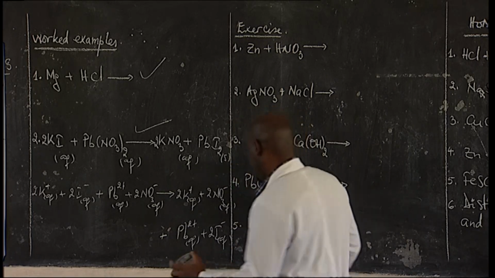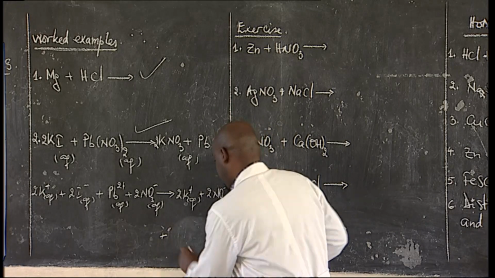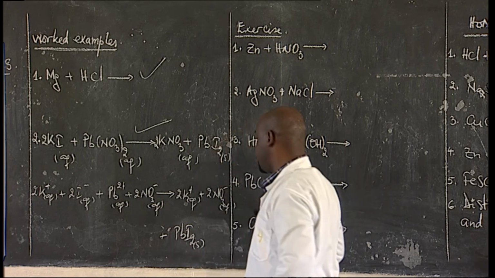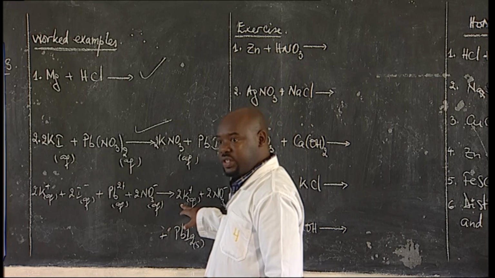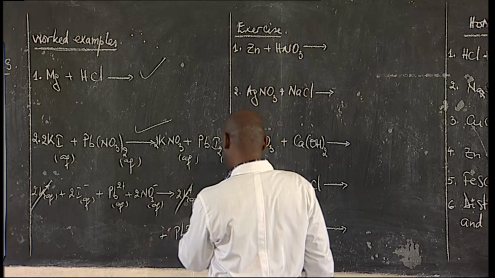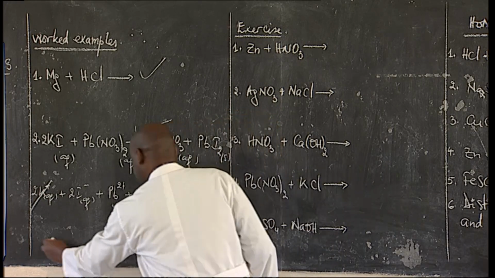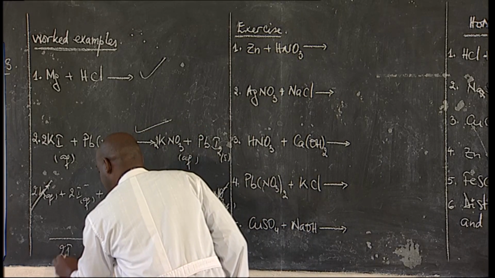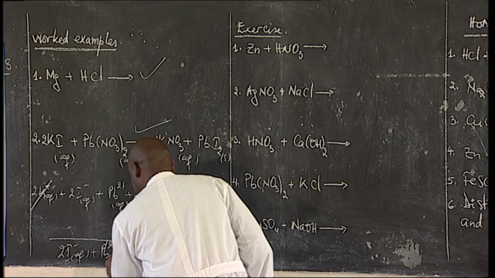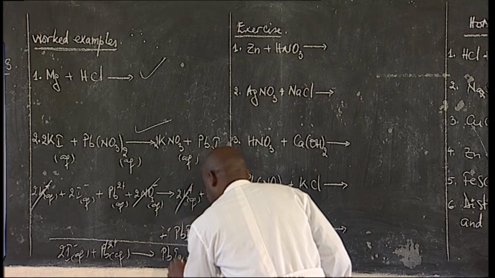We said lead iodide is solid, so it will not be separated because it doesn't dissolve. We have free potassium and free potassium, so they are crossed out. We have the nitrate ion and the nitrate ion, so they are crossed out. And our ionic equation becomes 2I negative plus lead 2 positive aqueous to produce lead iodide, which is solid.